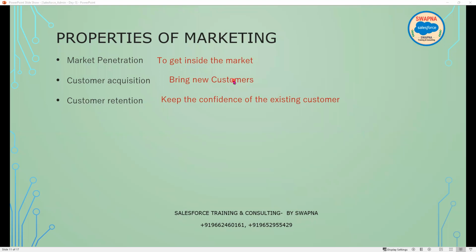Sometimes what happens is, let's take the example of Maggie. Everybody in the world knows Maggie, from newborn kids to very old people. Even so, they still give advertisements on TV, in newspapers, and on banners in different places, and they come up with new ways of presenting Maggie.